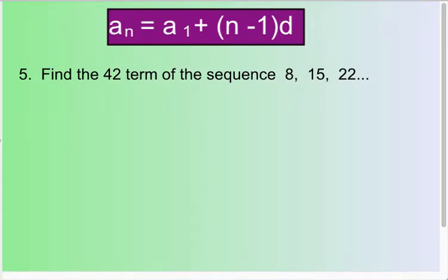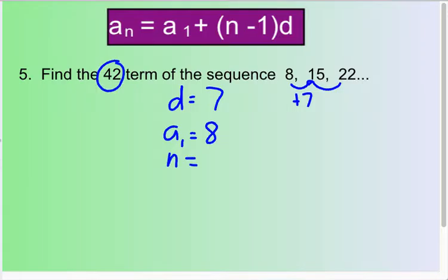Find the 42nd term of the sequence 8, 15, 22. Well, looks like we're going up by 7s. So my common difference is 7. My first term, definitely 8. And n, well, they want us to find the 42nd term, so n is equal to 42. Plug it all in and solve.